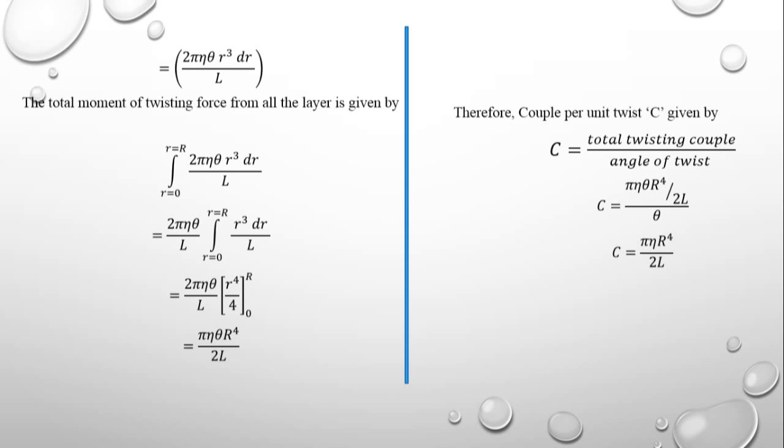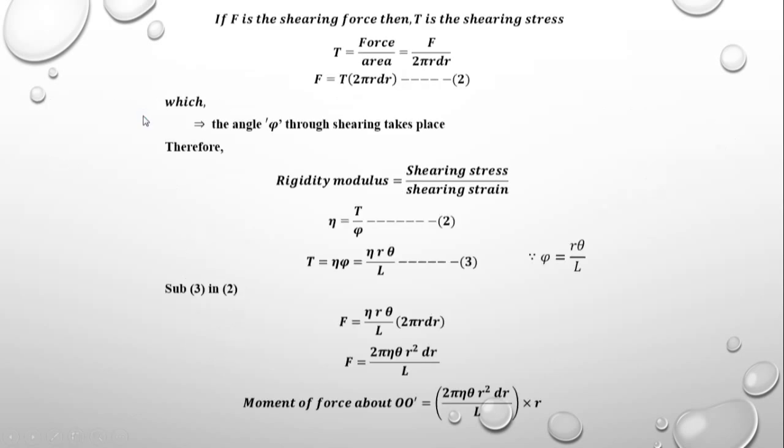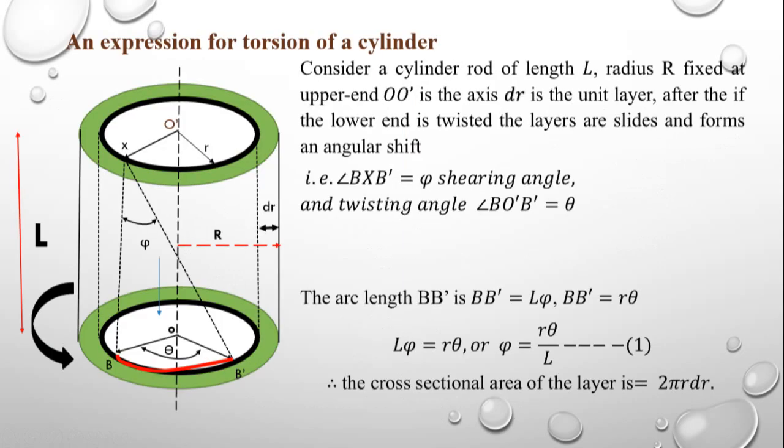There are n number of layers, from r0 to r. See that in this particular figure we have r equal to 0, from 0 to R. There are n number of layers.